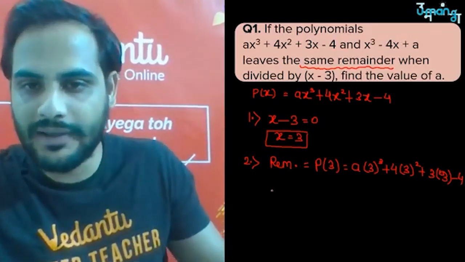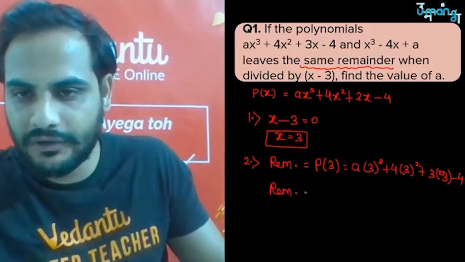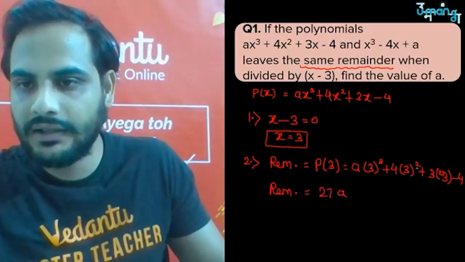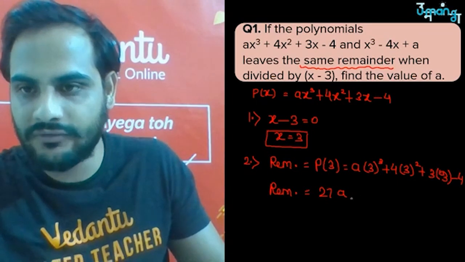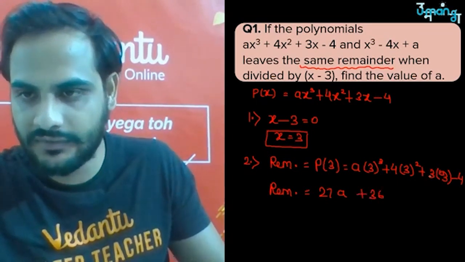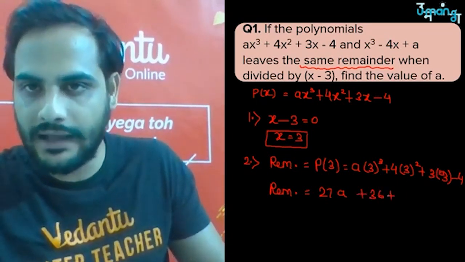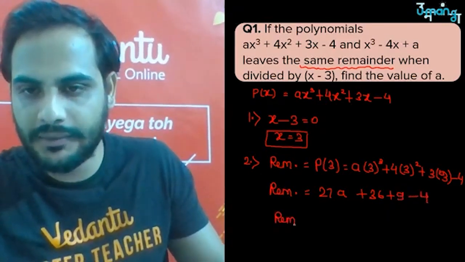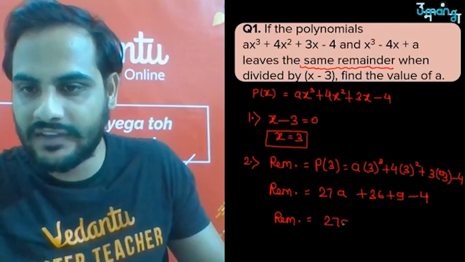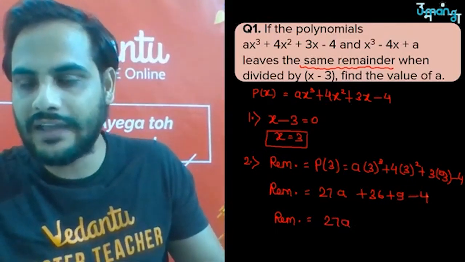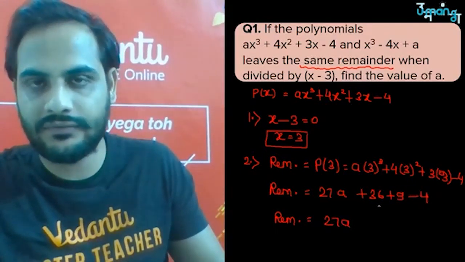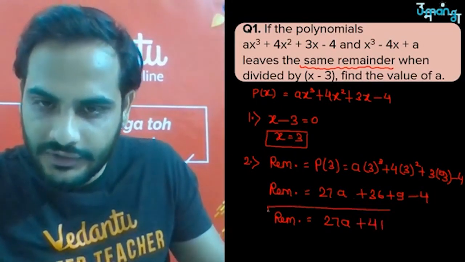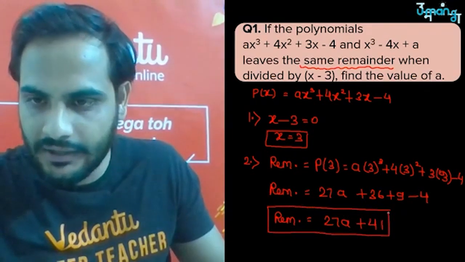So the remainder will be equal to 3 cube is 27, so 27a, 3 square is 9, 9 fours are 36, plus 36, 3 into 3 is 9 minus 4. 9 minus 4 is 5, so 36 plus 5 is 41. So the remainder is 27a plus 41.